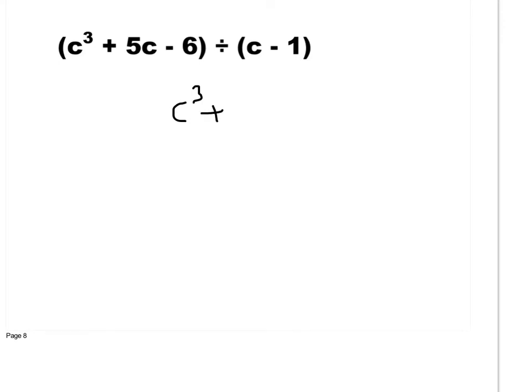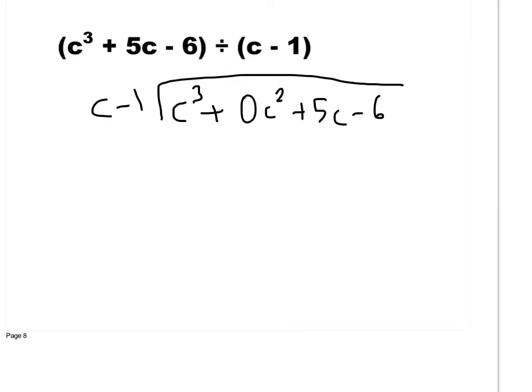What do you think I should put? 0c squared. Good. If it's times by 0, you wouldn't even need it in there. So if you need it in there, it's 0. Plus 5c minus 6. And I'm dividing all that by c minus 1.